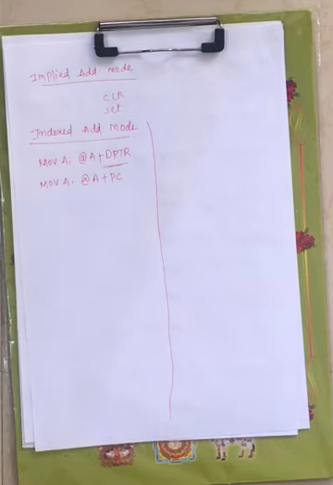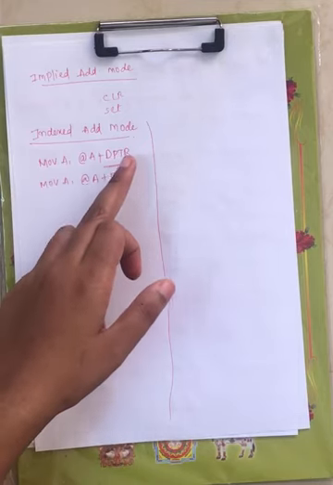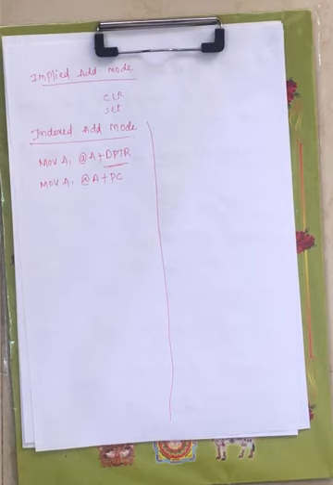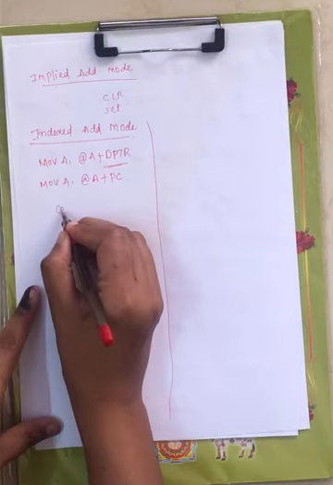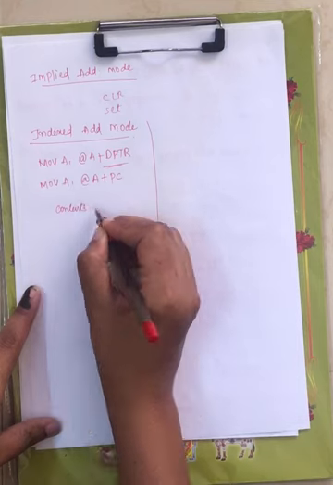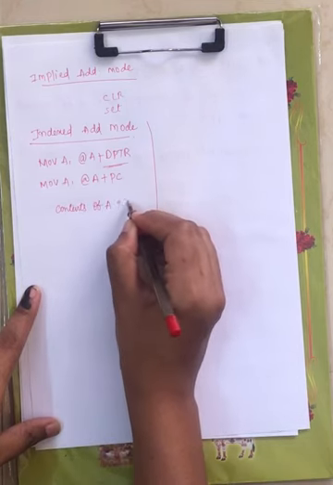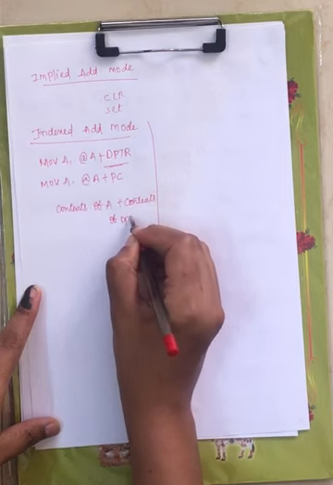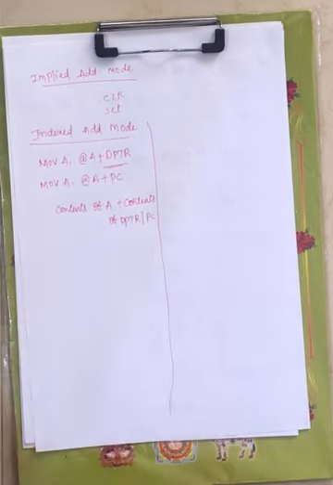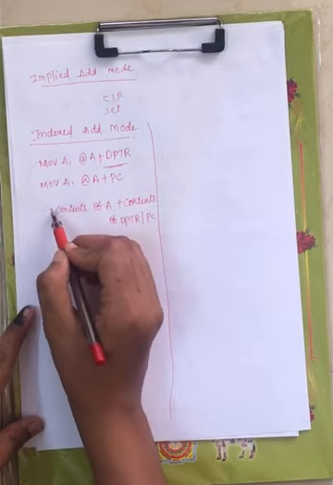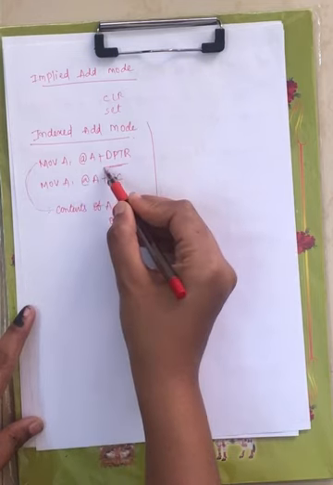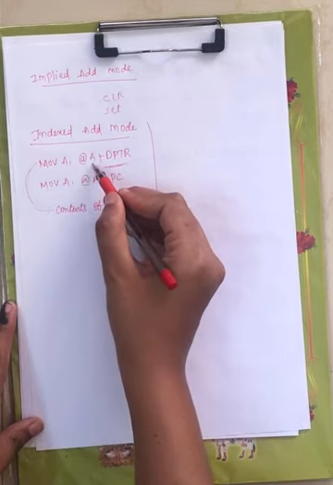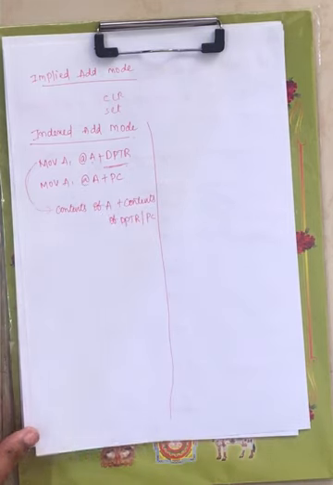If you see these 2 instructions, the operation is the same: @A plus, whether it is data pointer or PC. Here it will add the contents of A with the contents of DPTR or PC based on the instruction. Now if I consider the instruction with @A+DPTR, it will add the contents of A with the contents of DPTR.